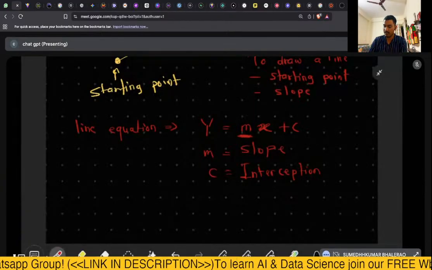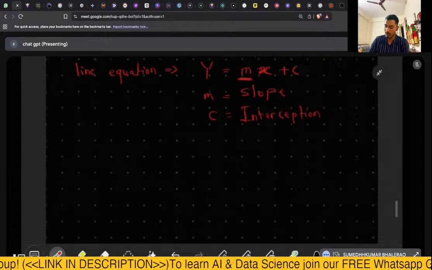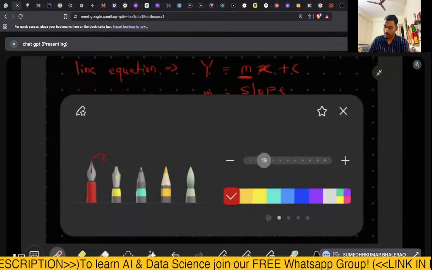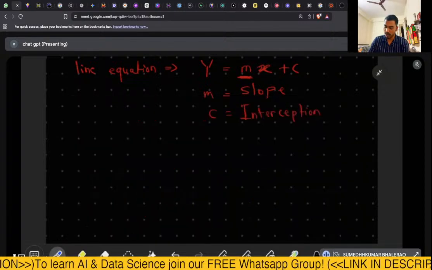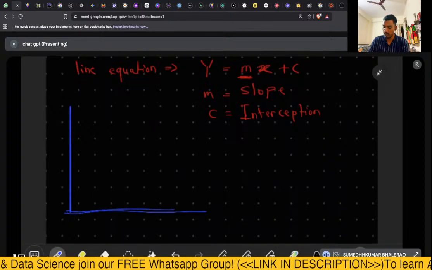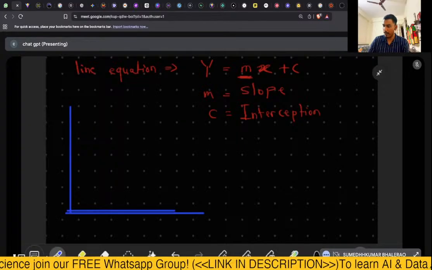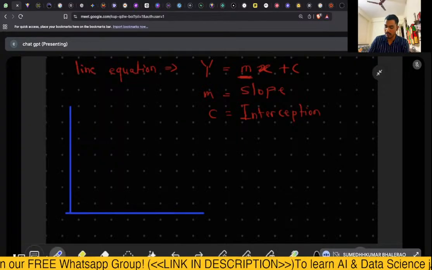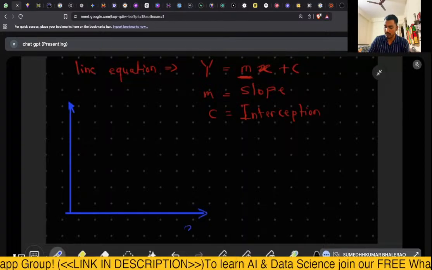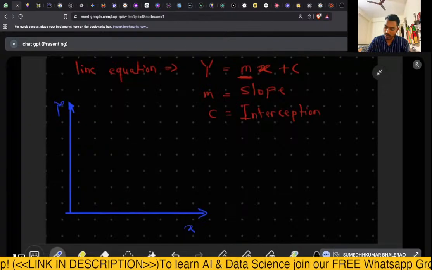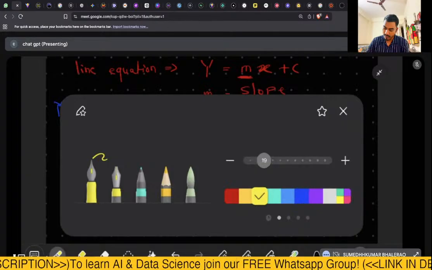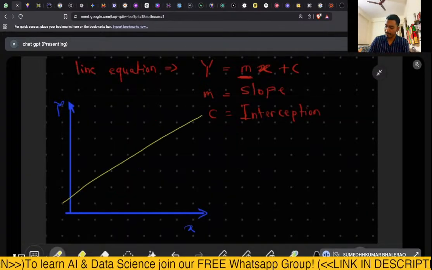So let me just draw a quick diagram for you here, if you need this. Let's say this is x, this is y. Let's say you are drawing a line like this.